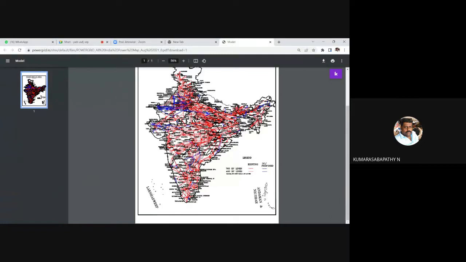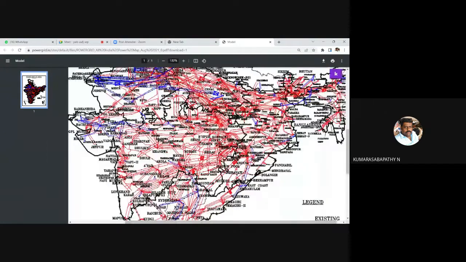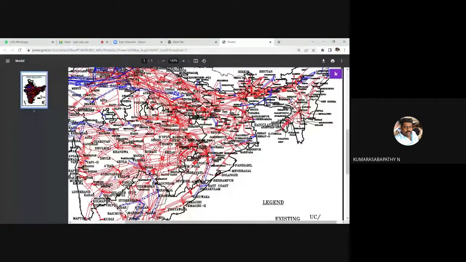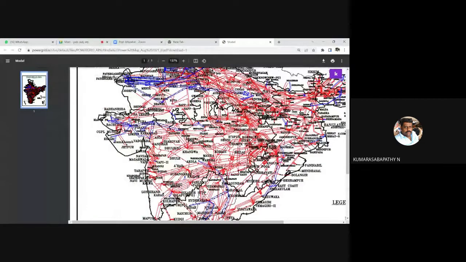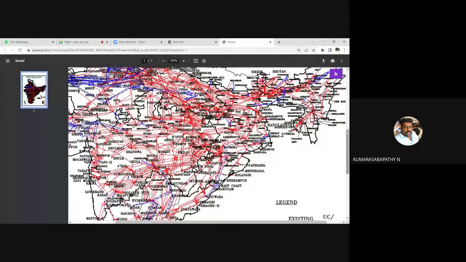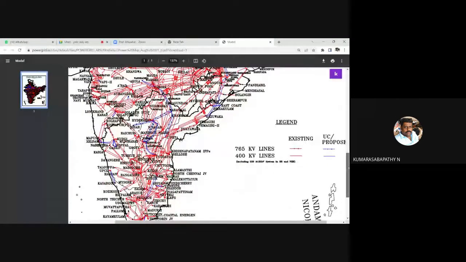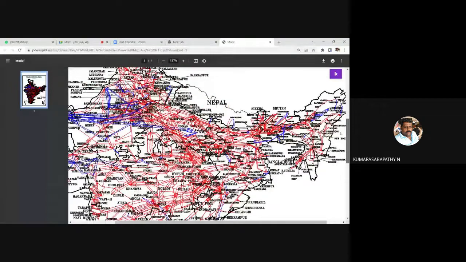The lines marked in red are the existing grids, and the lines marked in blue are yet to be commissioned; they are proposed, and very soon they will be implemented.